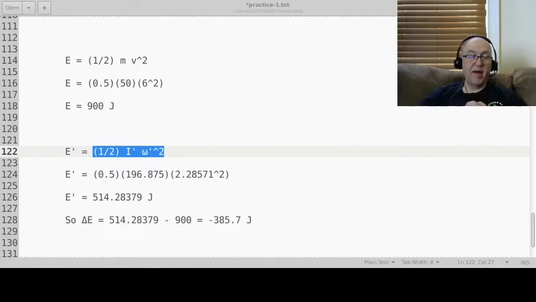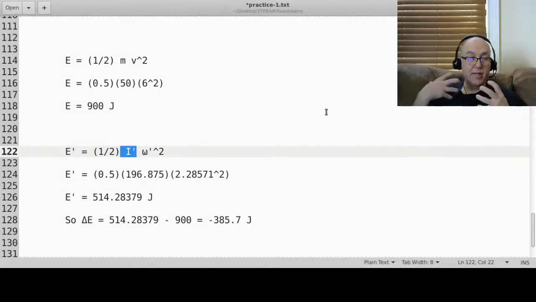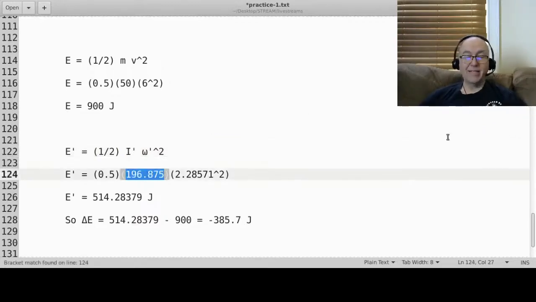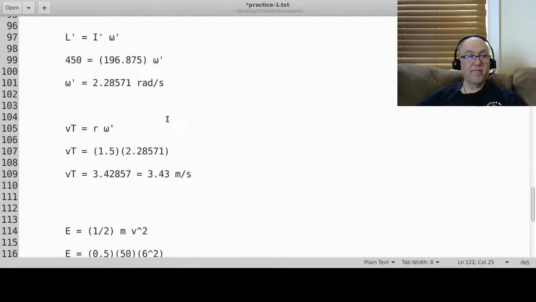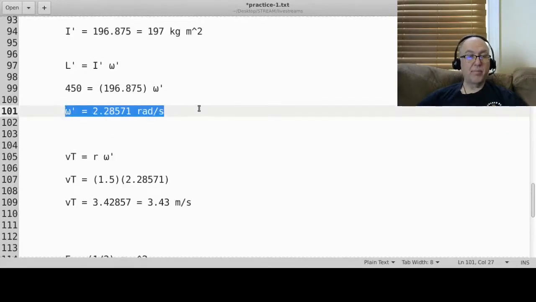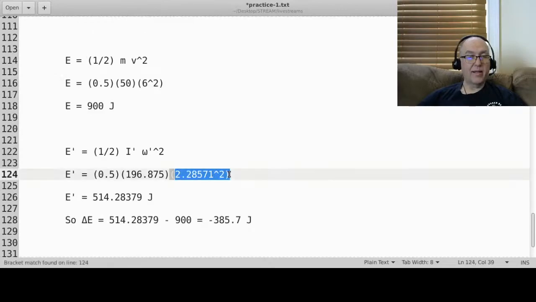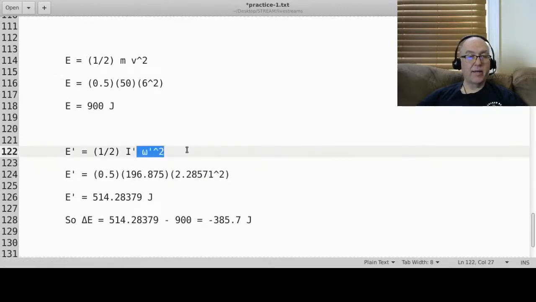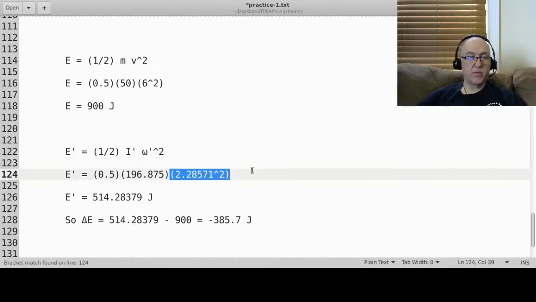So it's just 1/2 I omega squared. But I now is the moment of inertia of the combined merry-go-round and child after the collision, which we found above to be 196.875. And the angular velocity, omega prime, we found to be 2.28571, and of course the omega comes squared.